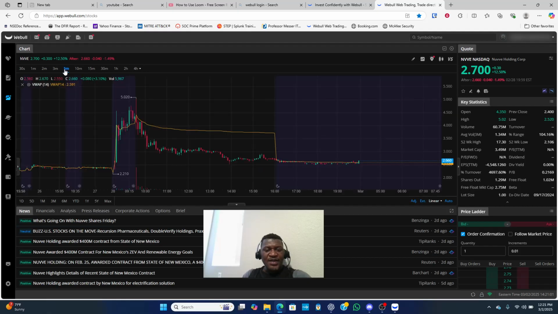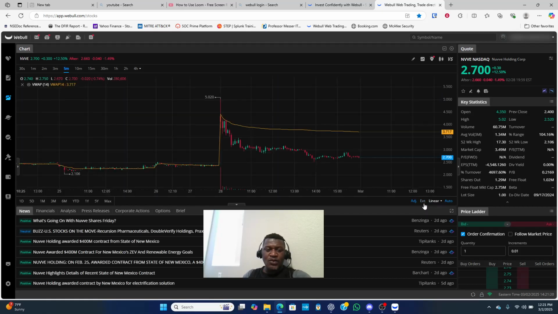I go to the 5 minutes, which will show me, if you see the light shaded area here and the black, and there's light here, all that it means is that this was the pre-market. This was when the market opened, and this is after hours. You can turn it on and off from here, the EXT. If you turn it off, it will just show you when the market opens, and after the market closes you won't see anything. But in the morning, you want to see the pre-market action, if the stock is going up.